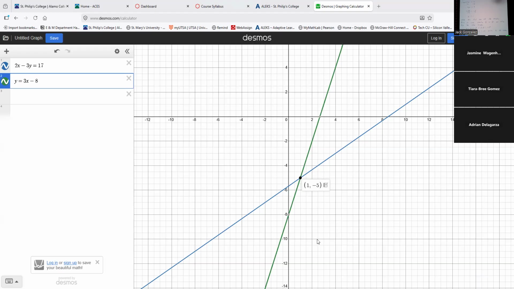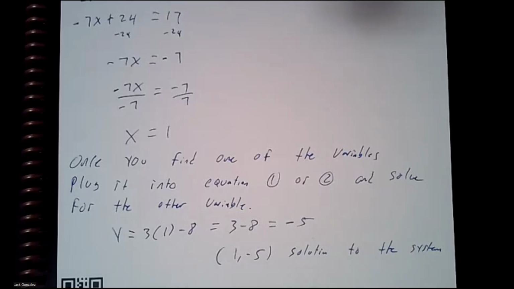So this is a unique solution case. Are there any questions on problem 3? Alrighty. Let's pick another one then.